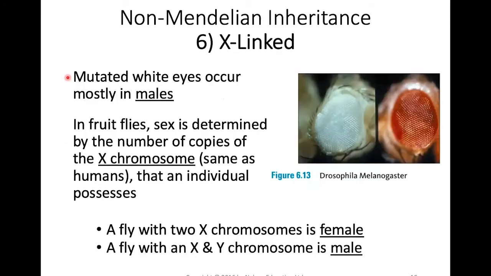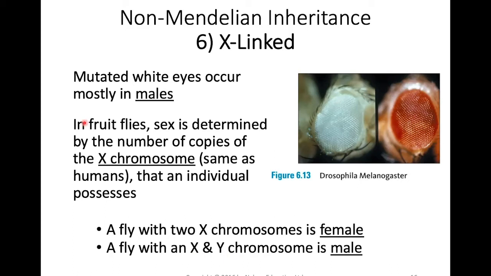Now, last of our non-Mendelian inheritance patterns, we're going to be taking a look at specific traits that are X-linked. That means that their alleles exist on the X chromosome. For a female, the female would contain two X chromosomes, XX. And for a male, they would have one X chromosome and one Y chromosome.